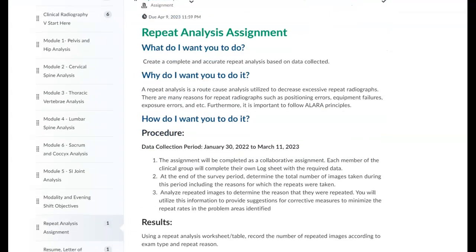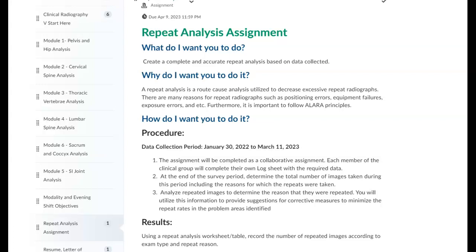This is a collaborative assignment, so each clinic group will complete this assignment as a group. So therefore, I will only need one finished product, one completed paper.